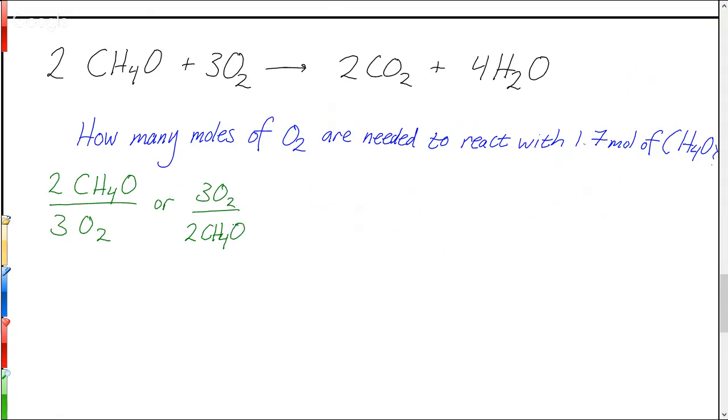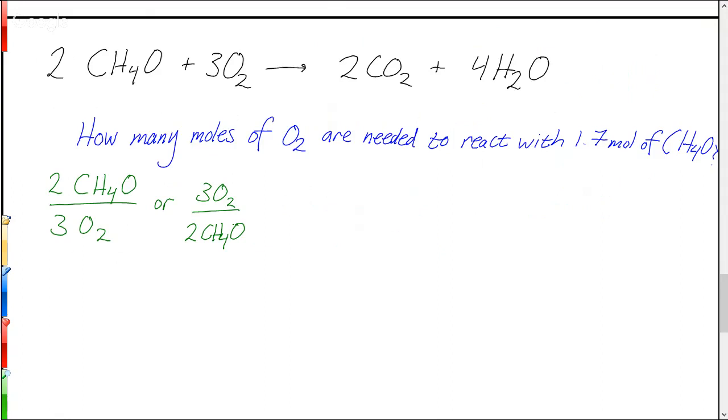We can use those relationships from the equation just like we use those relationships inside formulas. Like we said that there are 4 H's in every CH4O. We can say that there's 3 O2s for every 2 CH4Os. That's just what the coefficients in the equation tell us. That's a ratio. It's the ratio by which they react.